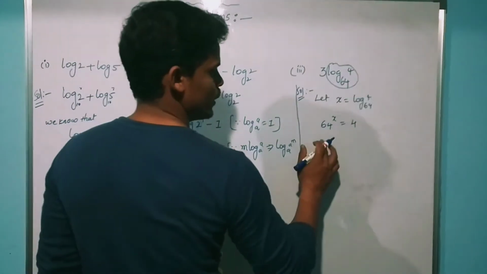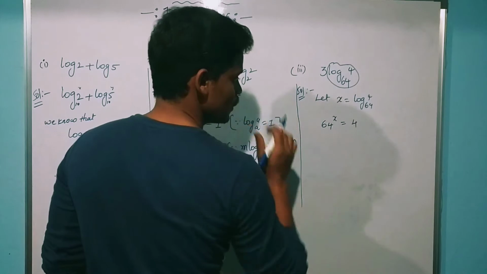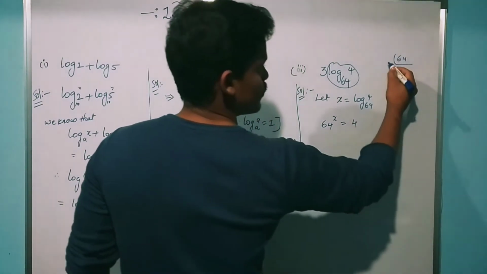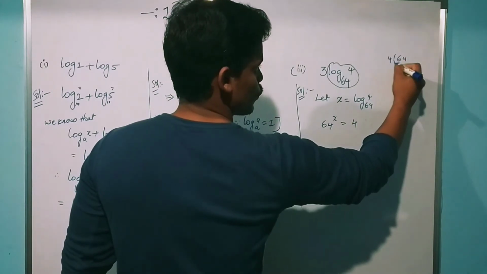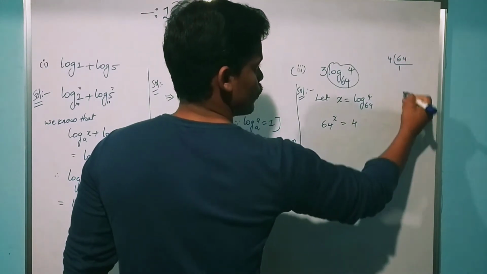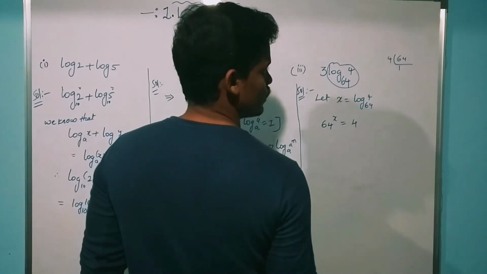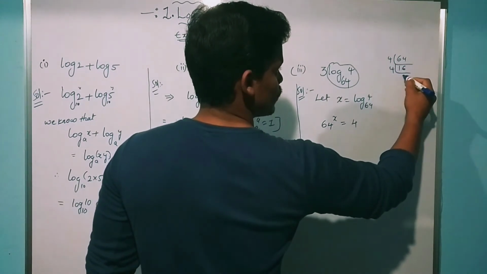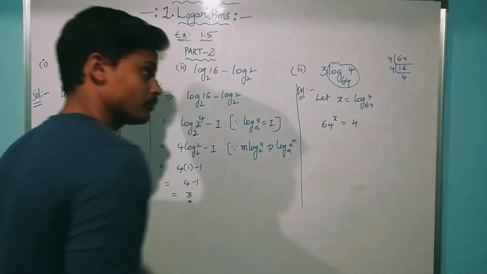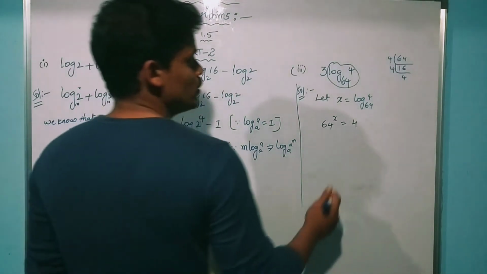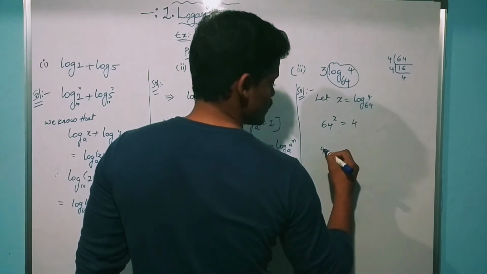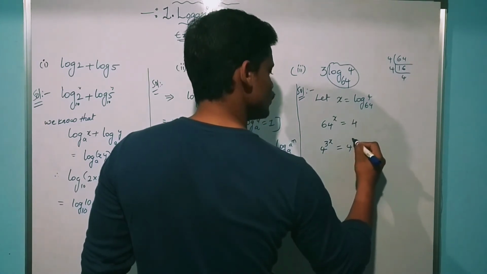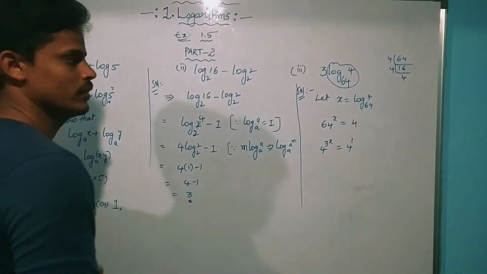We can write 64 as 4 power 3, so 4 power 3x is equal to 4, which is 4 power 1.